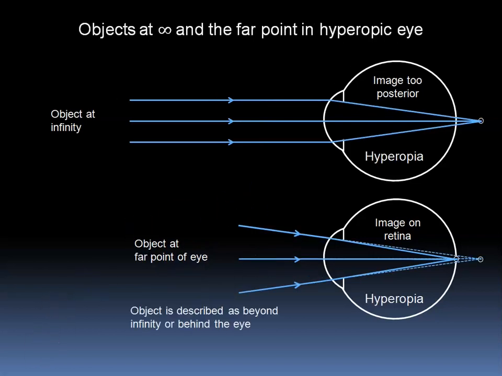In this diagram, we see that an object at infinity is focused too far posteriorly and intersects the retina before a point is formed. In other words, a blur circle on the retina.